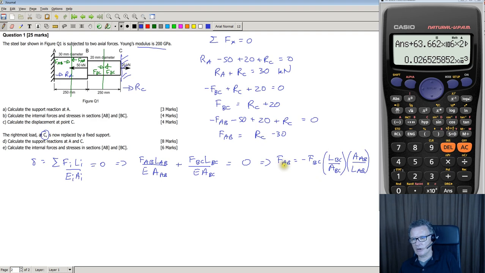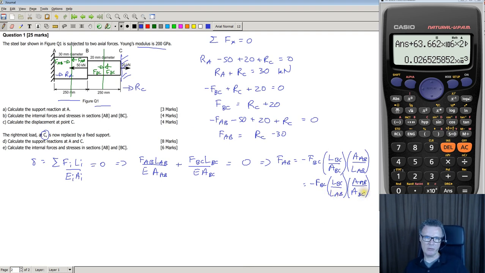So you notice that you've got forces and then ratios of lengths: LBC divided by LAB, and the area AB divided by the area for the BC length. Now these two lengths are the same length, so the first ratio is just going to be 1.